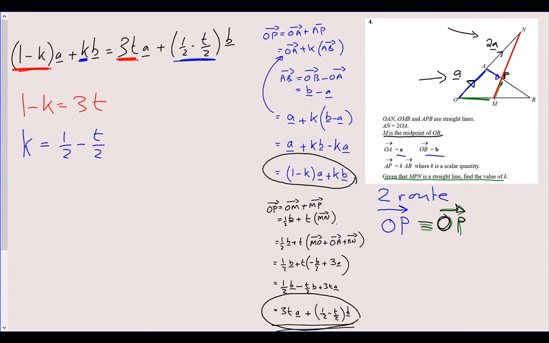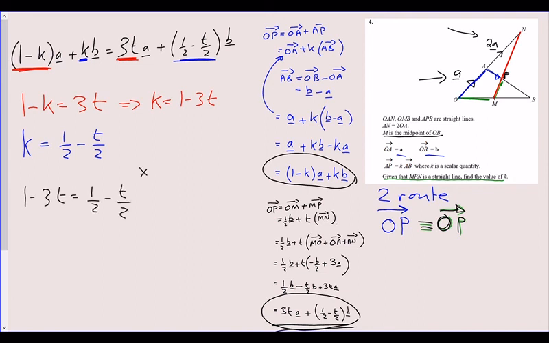Now I want to find the value of k, but I'm wondering whether it might be easier to find the value of t first and then substitute in. So if I rearrange this equation to make k equal to 1 minus 3t, and then substitute that into the other equation, I've got 1 minus 3t is equal to a half minus t over 2.